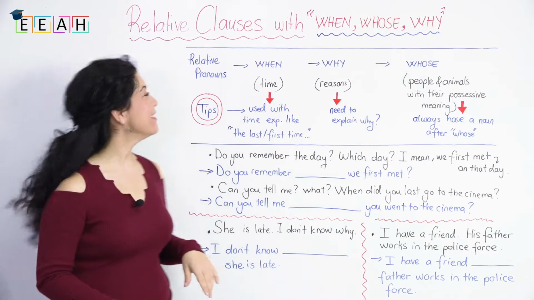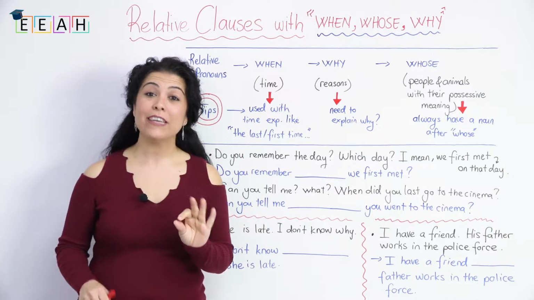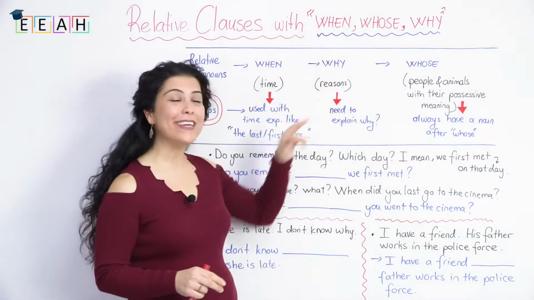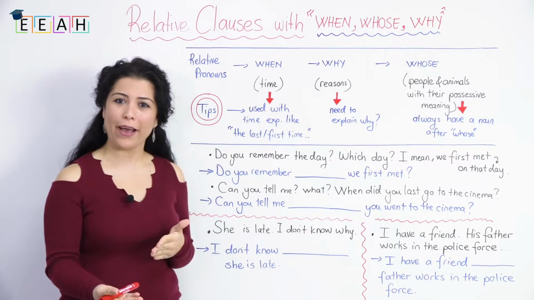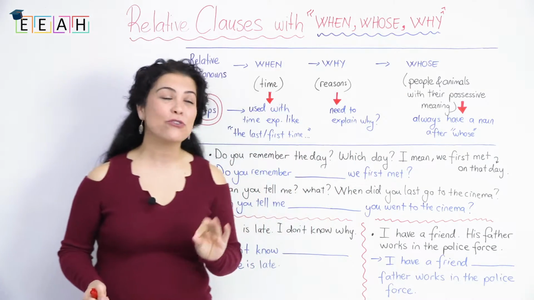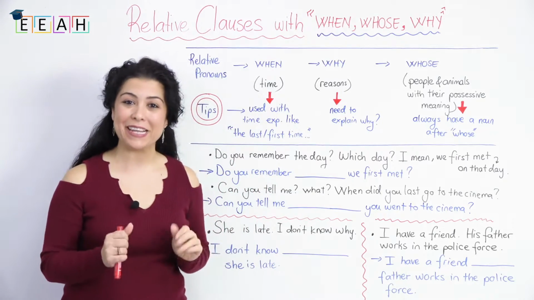Let's start. We use when to identify the time, and we use why to identify reasons. We are explaining why. And we use whose to refer to people and animals with their possessive meaning.